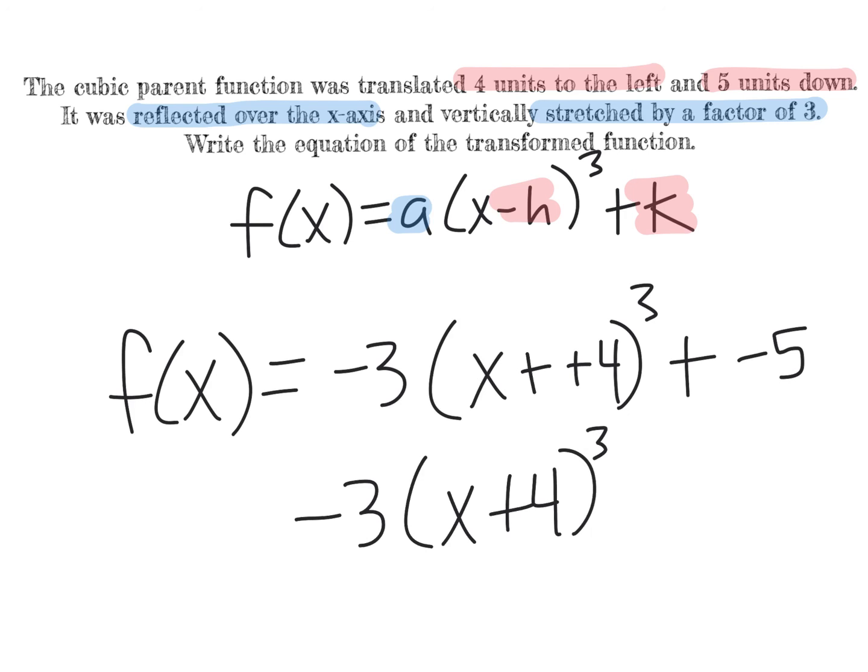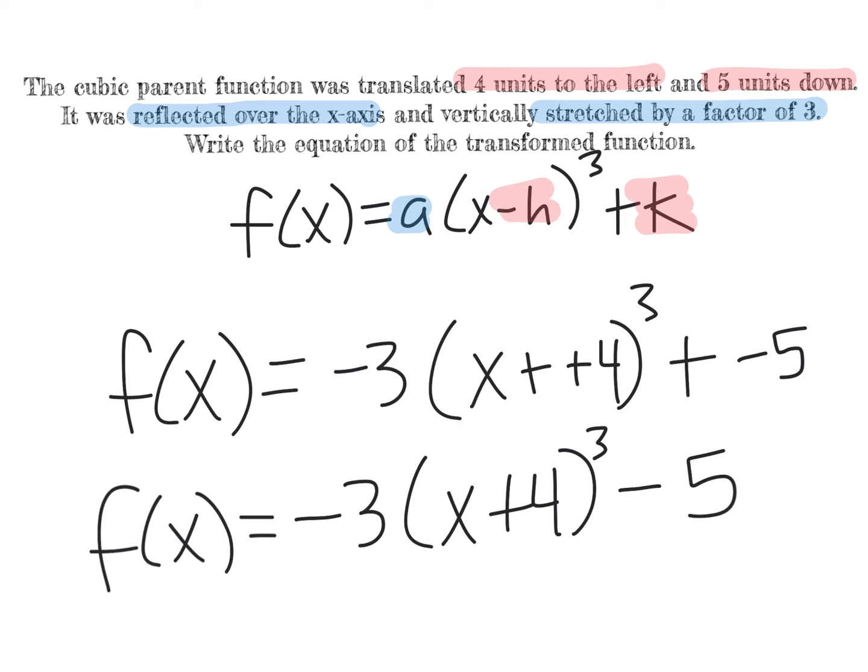This is why earlier I said that when you're dealing with inside the parentheses, everything inside parentheses will always be the opposite behavior. 4 units to the left means x plus 4 because of that minus negative. Over here on the right, we have plus -5. Since we're moving the equation 5 units down, we can simply just say -5.